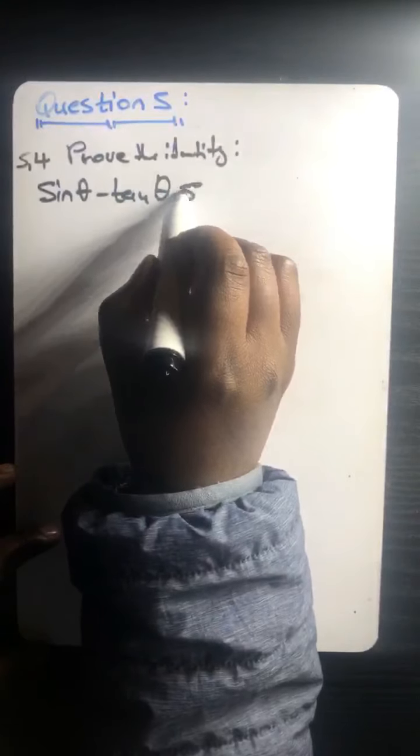So the next question says, prove the identity. And this is the identity that they want you to prove. Is sine of that minus tan of that multiplying its cos.